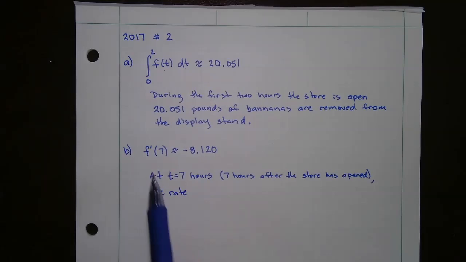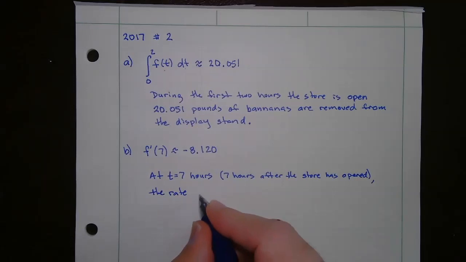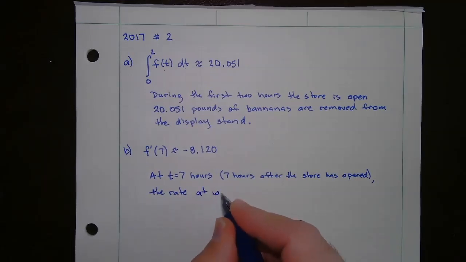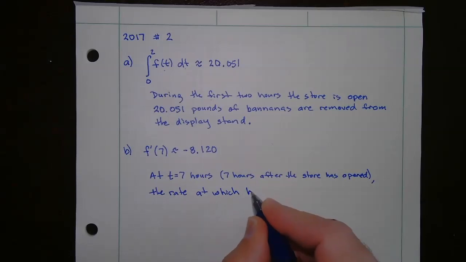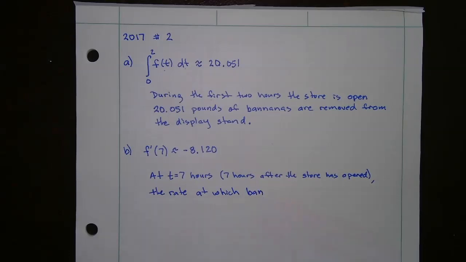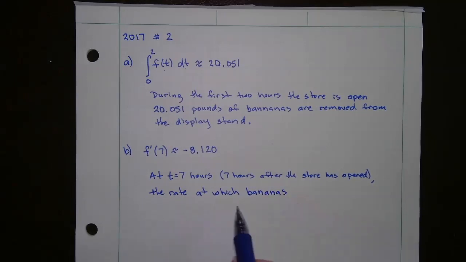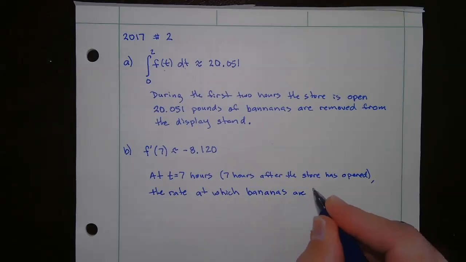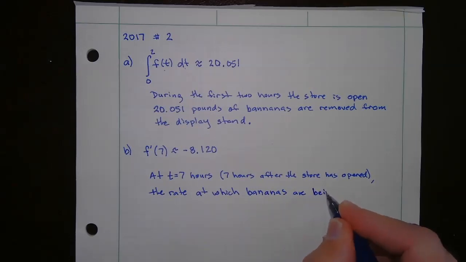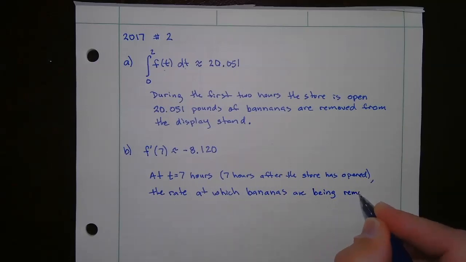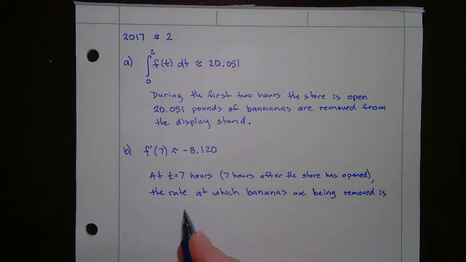So this rate at which bananas are being removed from the display table, the rate at which bananas are being removed is, okay, so it's the rate that's decreasing.